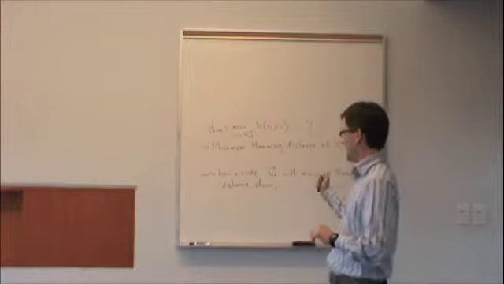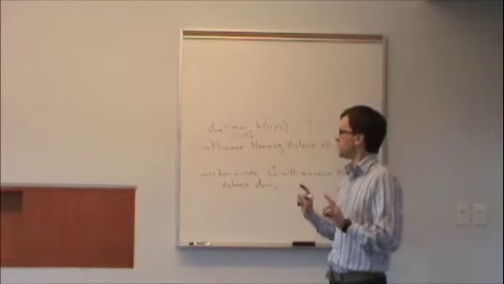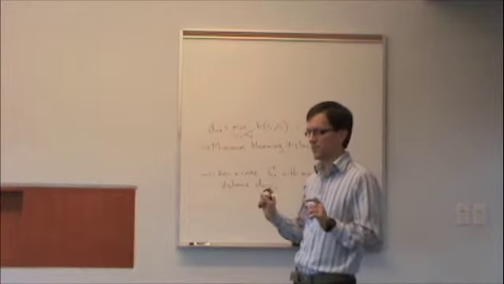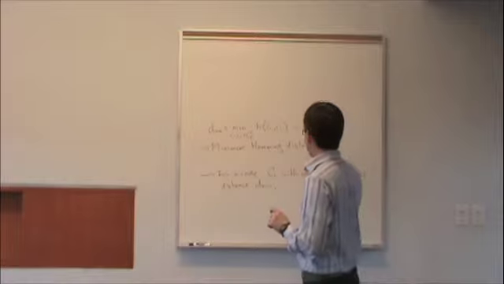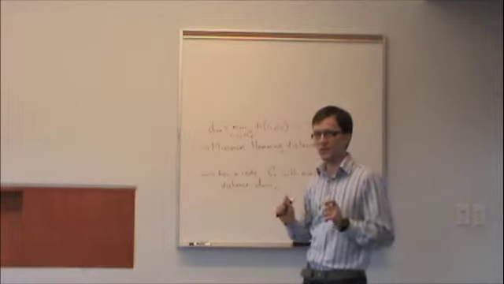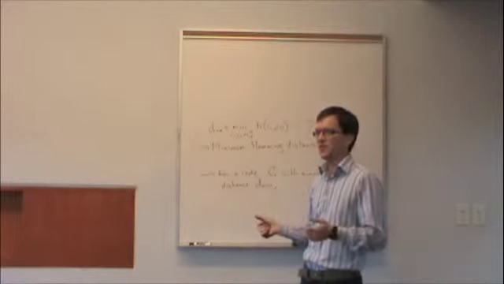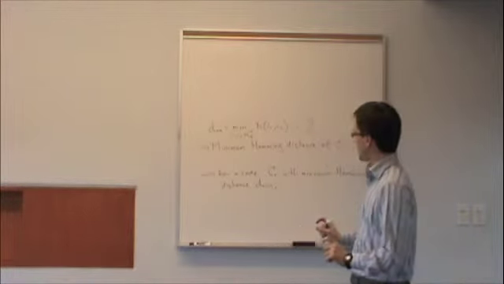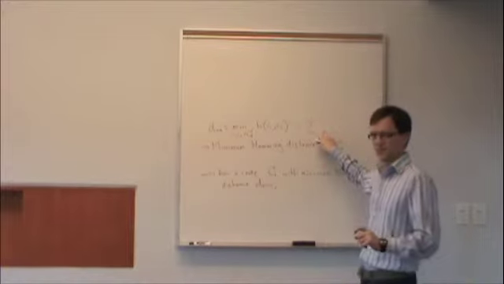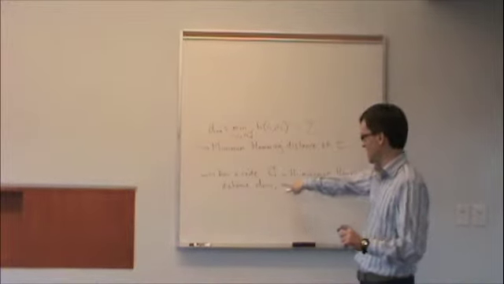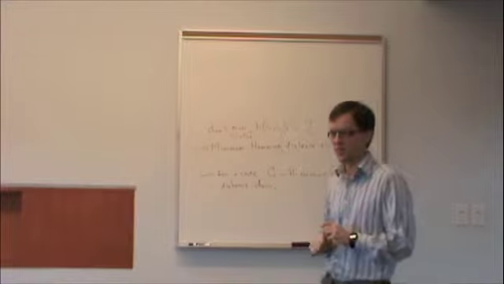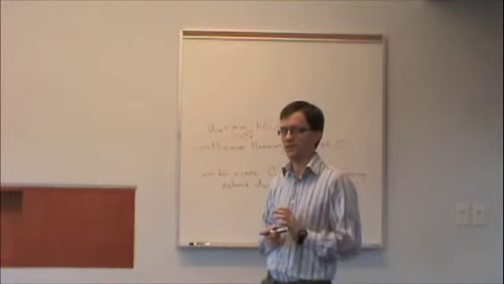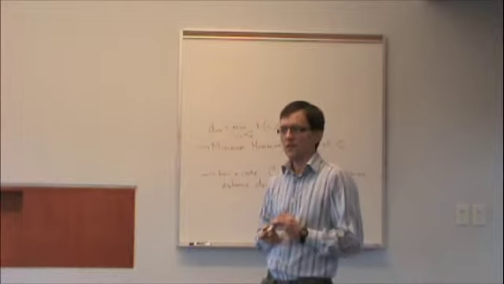However, there do exist at least one pair of code words, so that because dmin is 2, 2 errors will flip one code word to another code word. So therefore, 2 errors is not detectable. So in general, if my minimum Hamming distance is dmin, how many errors am I guaranteed to be able to correct? Or excuse me, to detect? Dmin minus 1.